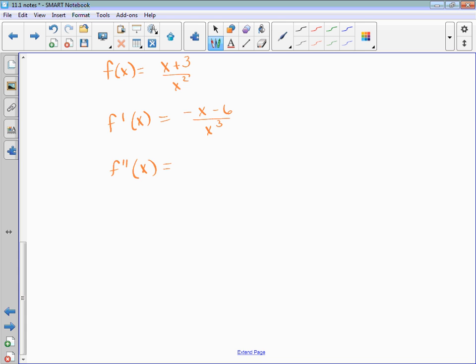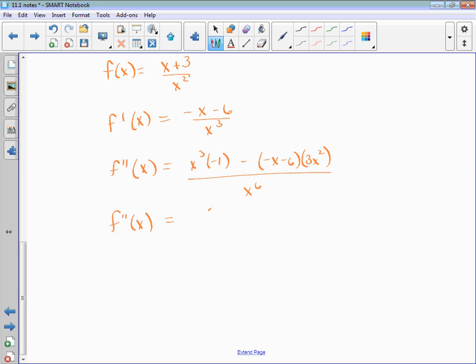All right guys, I'm going to start going through the second derivative. So I would have x cubed times negative 1 minus negative x minus 6 is 3x cubed, all over x to the 6. So that's negative x cubed, and then that would be plus 3x cubed.